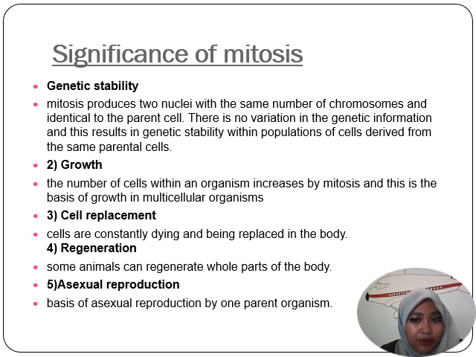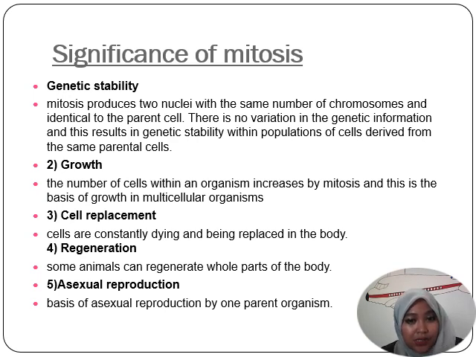Obviously for growth, to increase cell numbers through mitosis in our multicellular organism. Cell replacement: if any cells are dying, for example our red blood cells, they only last about 120 days, or 3 or 4 months, so after that they are replaced in our body through mitosis.